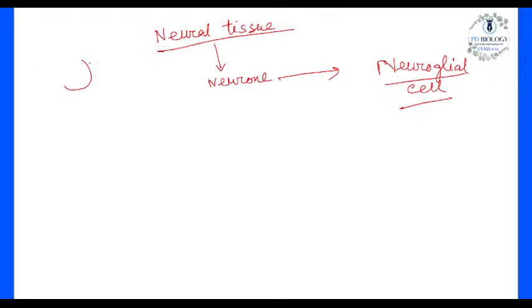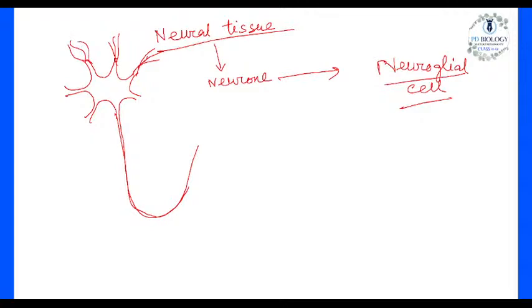In a neuron, when we draw the structure, see, these are the dendrites. This is the dendron. In the center is the nucleus surrounded by mitochondria, and the Nissl granules are also there.